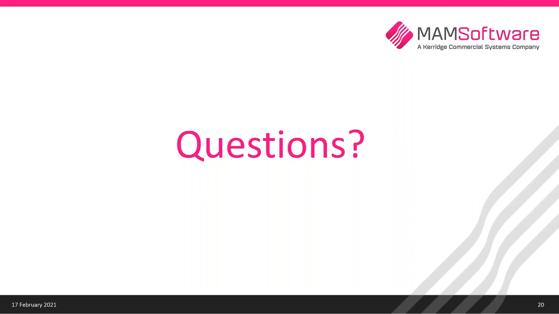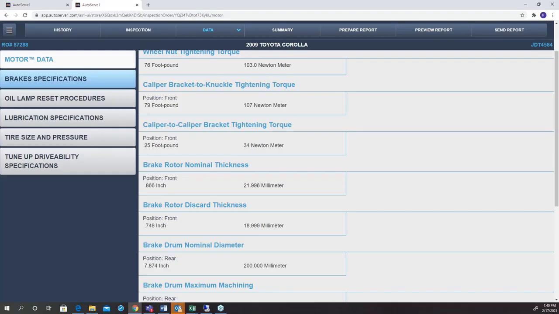It also looks like Galen had a question asking, can you tell me what the rotor's discard spec is? So we do show that. Let me share my screen again here. John, can you give me the ability to do that? Yep. A second. Monitor 2.